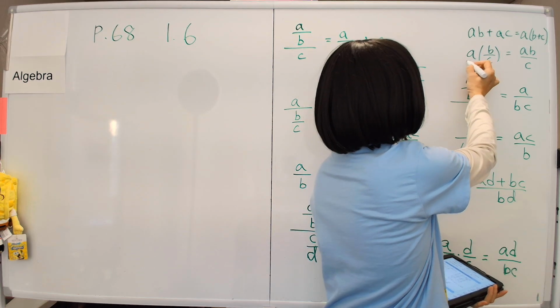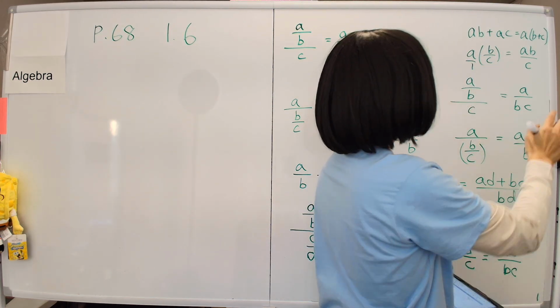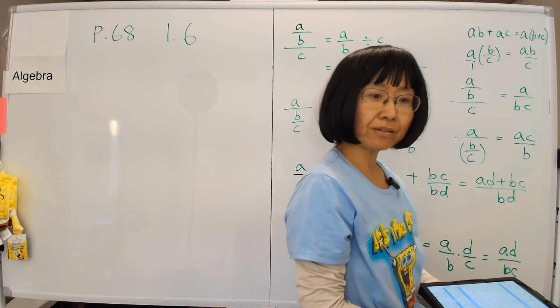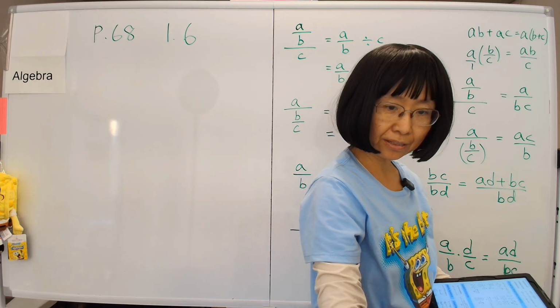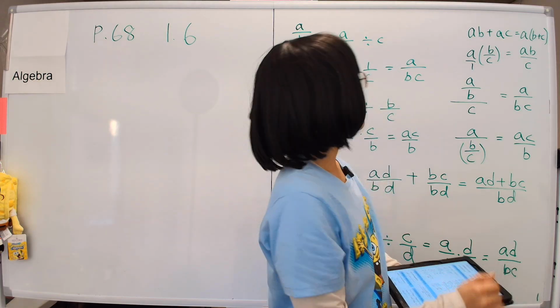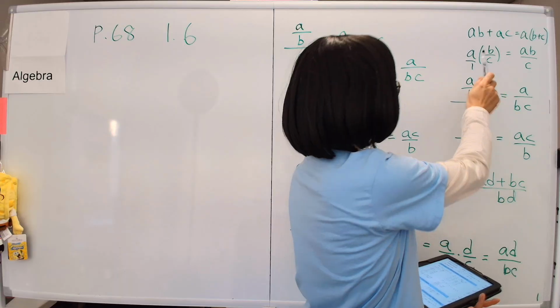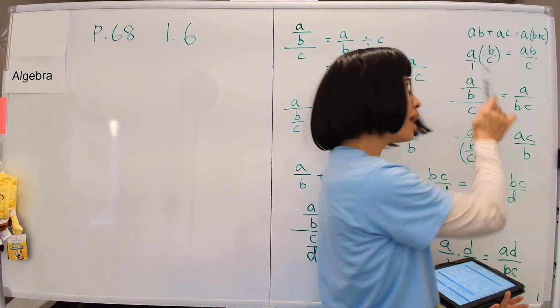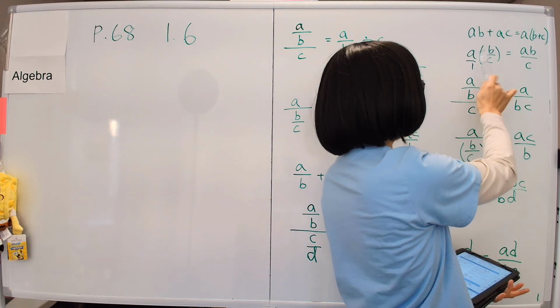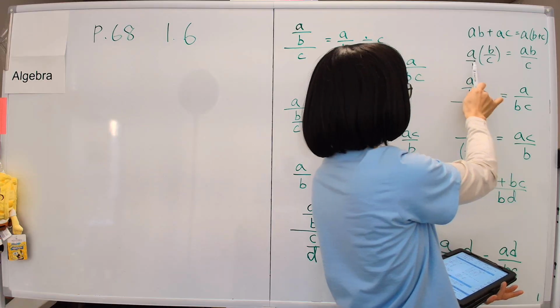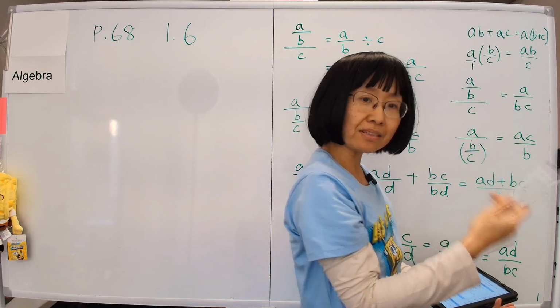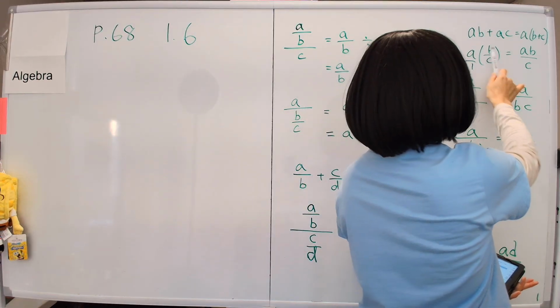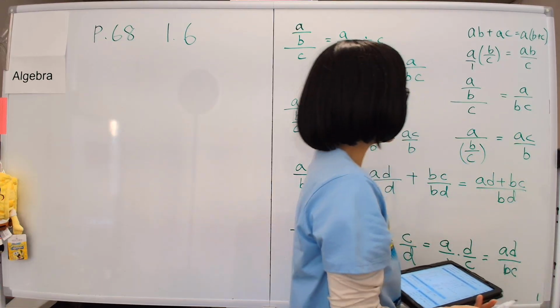The number a is the same as a over 1. So in fraction multiplication, we always do numerator times numerator and denominator times denominator. And that's why if you have just a number with no denominator, that means the denominator is 1, and therefore you multiply accordingly.